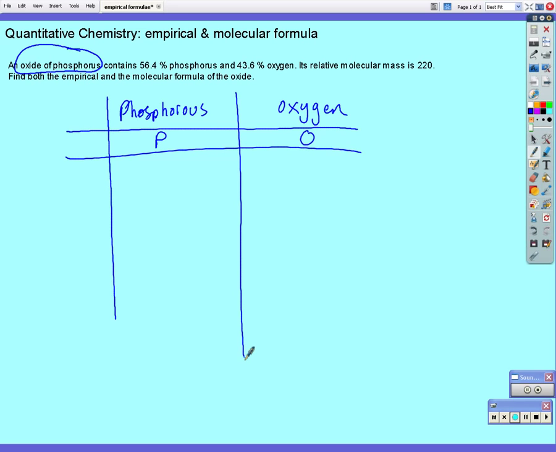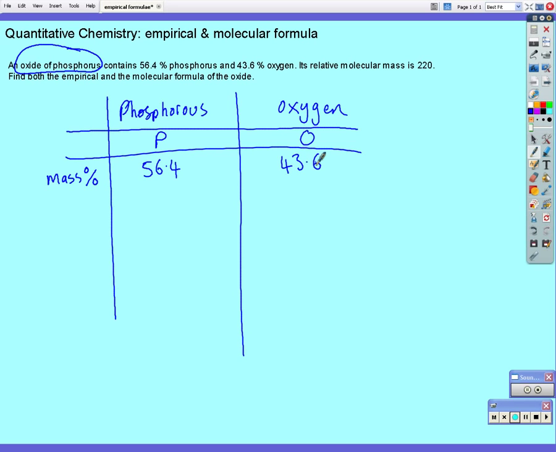And whatever you're given in a question, whether it's the mass of each substance in grams, or the percentage by mass, we do the questions the same way. This question gives us the mass as a percent, and there's 56.4% of phosphorus and 43.6% of oxygen.